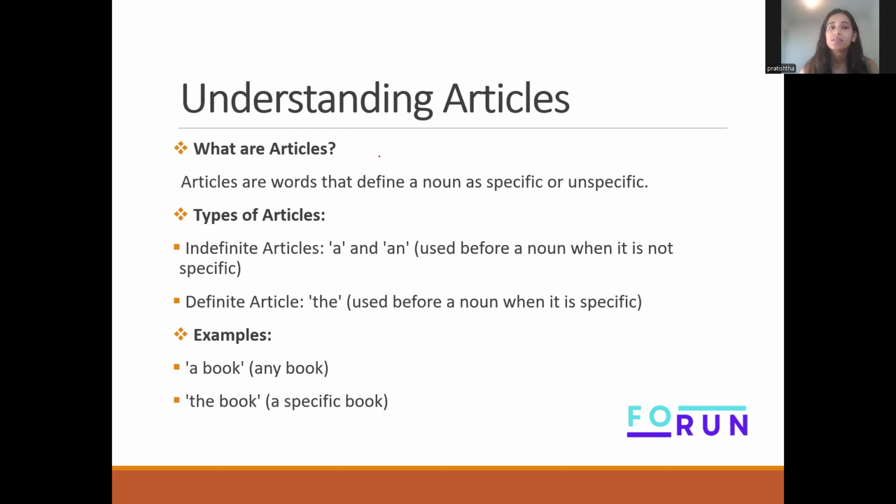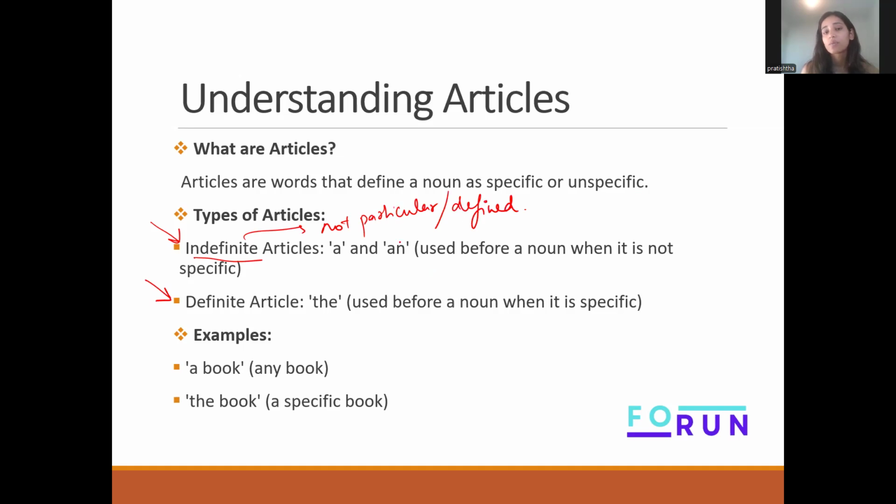So understanding articles, what are articles basically, right? So in English, we have a few articles that will tell you more about the object. If the object is a specific object or if it's not specific, right? That is the only thing. Now we have types of articles. We have indefinite articles and definite articles. Indefinite means not particular or defined.